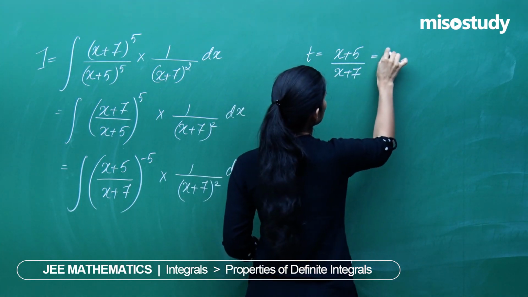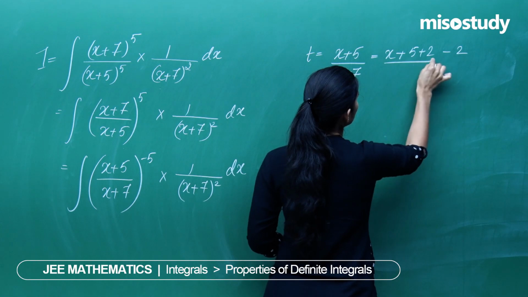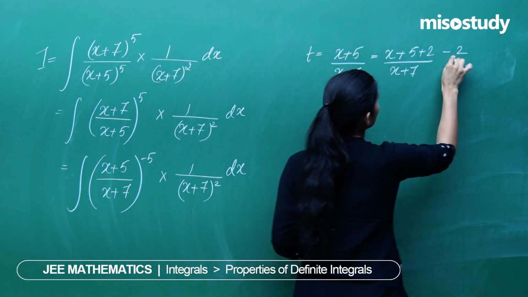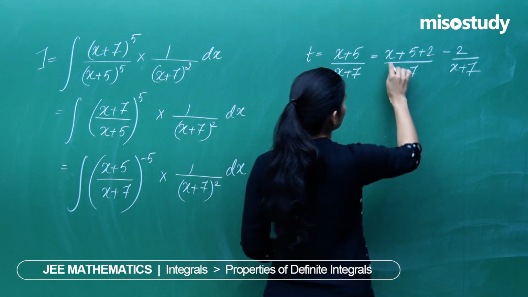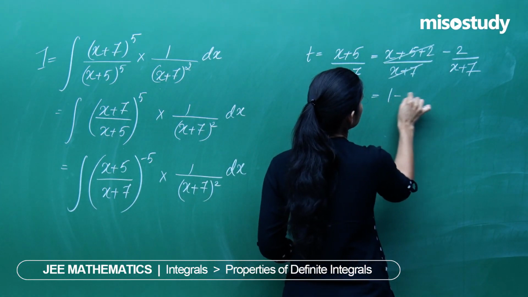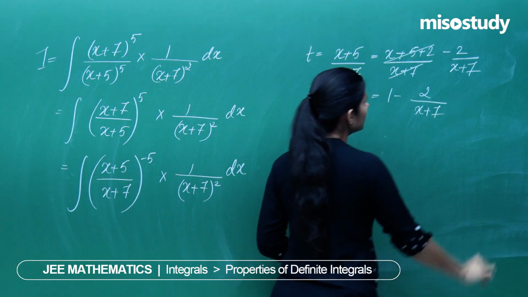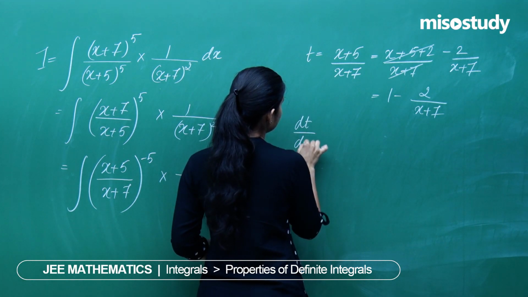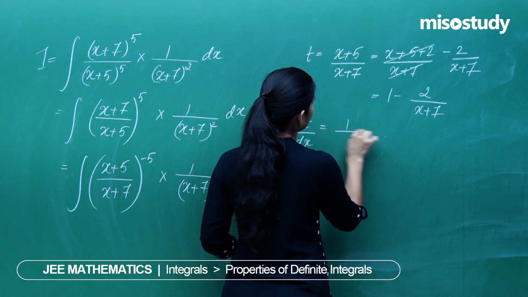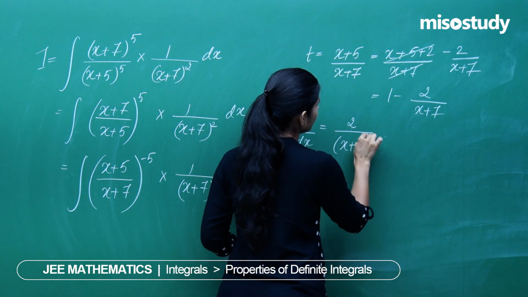When you do this, you eventually end up getting (x plus 5 plus 2 minus 2) upon (x plus 7). From here x plus 7 gets cancelled. You have 1 minus 2 upon x plus 7. Now when you differentiate, you get dt by dx equals 2 upon (x plus 7) whole square.